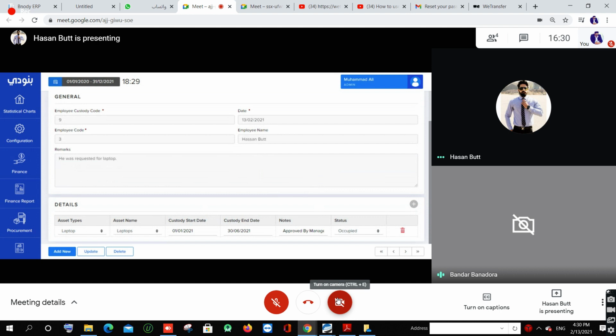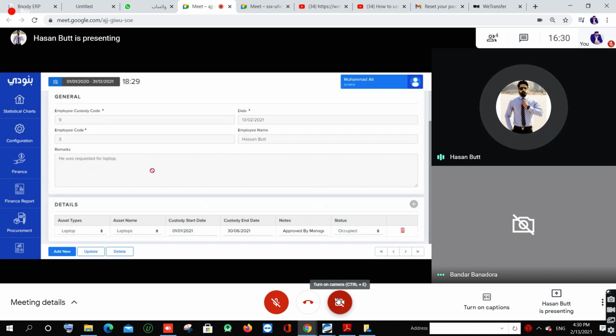Hassan, one question here. How do we identify which assets belong to which employee? For example, can we add the laptop barcode or laptop ID? Because here we're saying just a laptop. Usually, they link it to the laptop identification barcode or serial barcode.